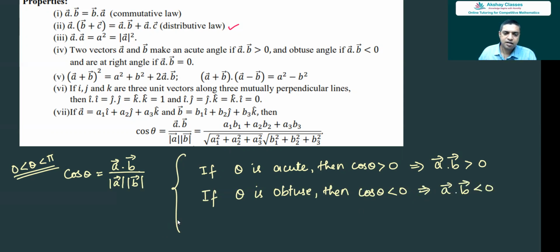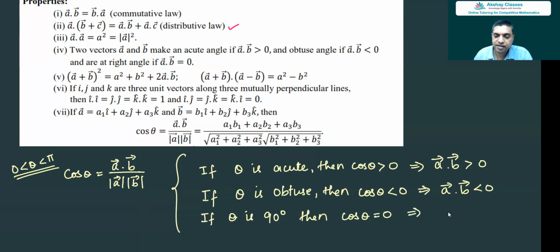All right. Now, if theta is 90, that means the two vectors are perpendicular, then cos theta is 0, which implies A dot B is equal to 0.